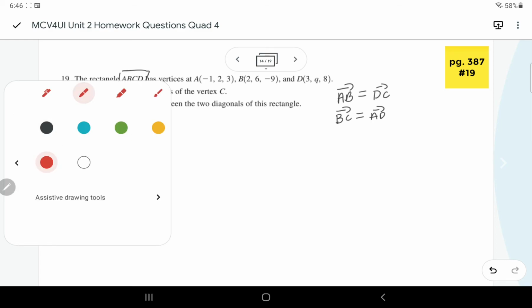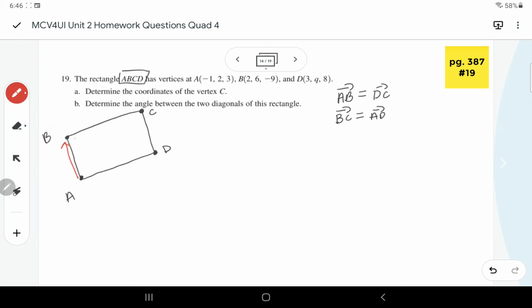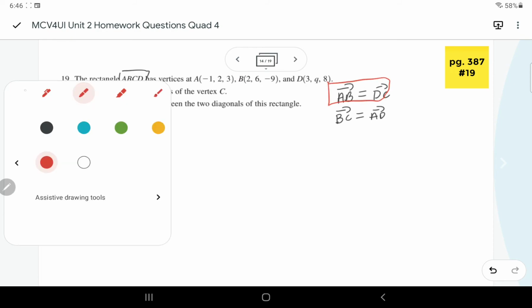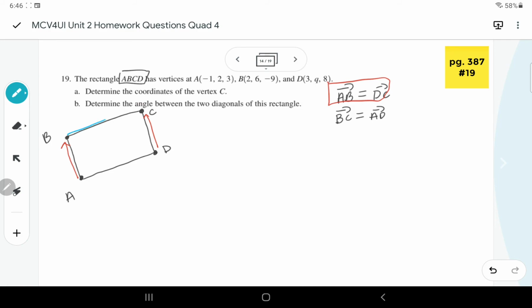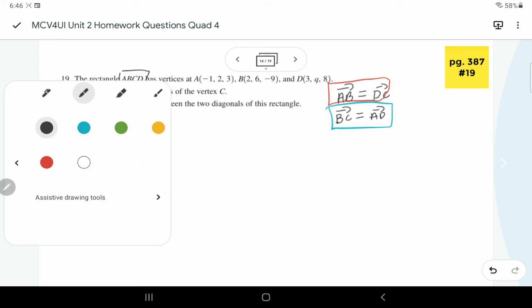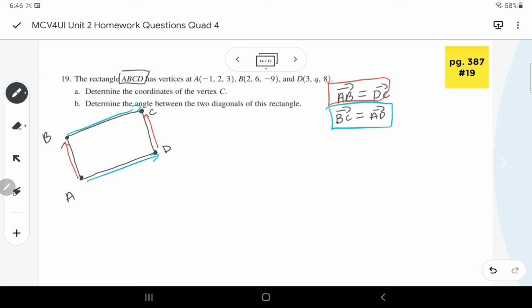So these two vectors, just drawing that in, would equal each other, and these two vectors would equal each other. So this is not too hard to do to find vertex C if you know vertex D. But we don't. We're missing something important here. We're missing that middle term.